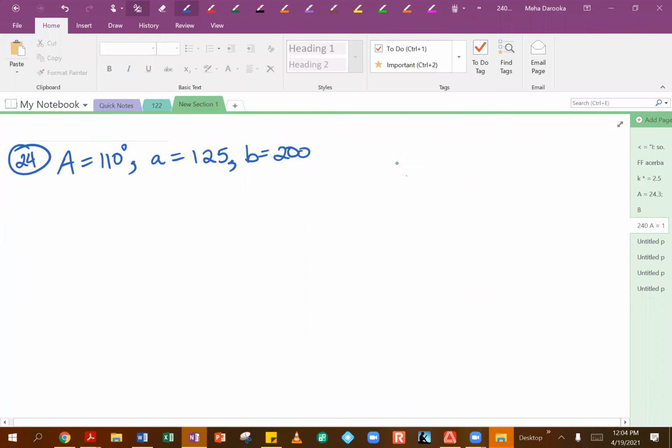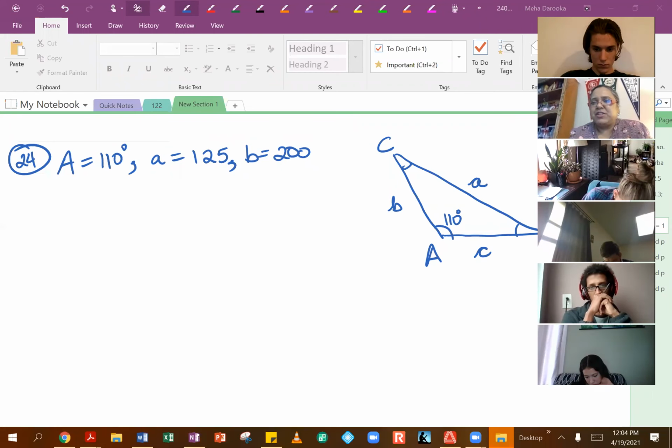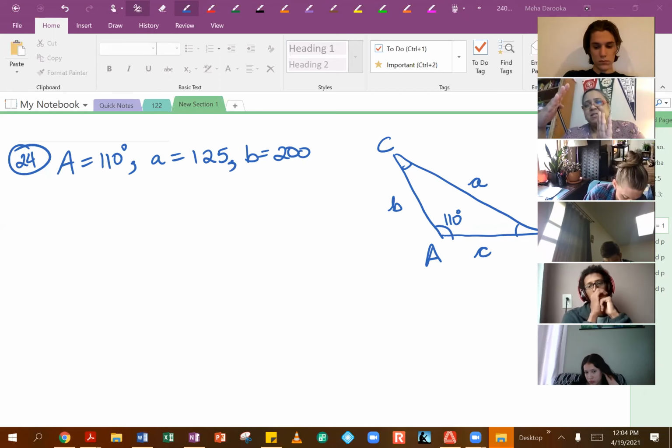Let me just show you what's happening here with a rough sketch. If this is angle A at 110 degrees, the other two angles add up to 70 degrees, so they're going to be pretty small. If this is angle A, then this is side A, and if this is angle B, this would be side B. If A is your largest angle, side A has to be your largest side, because, if you remember from geometry, the largest side is opposite the largest angle.